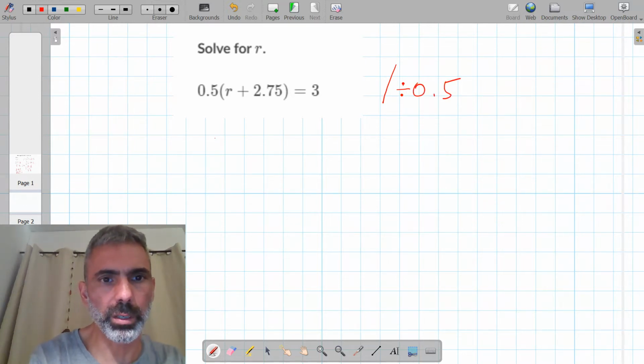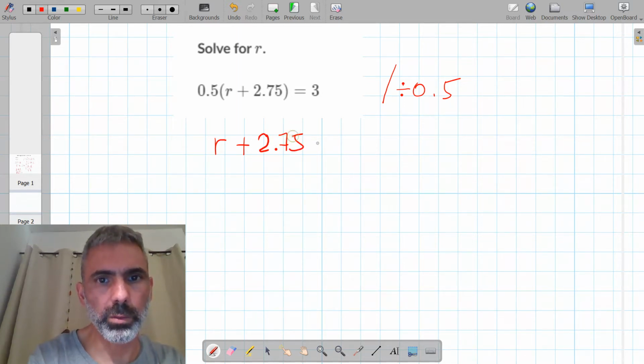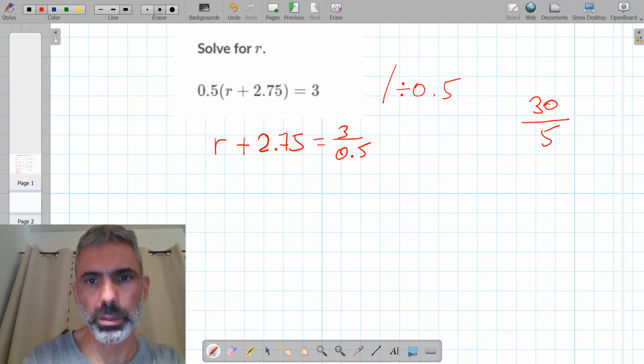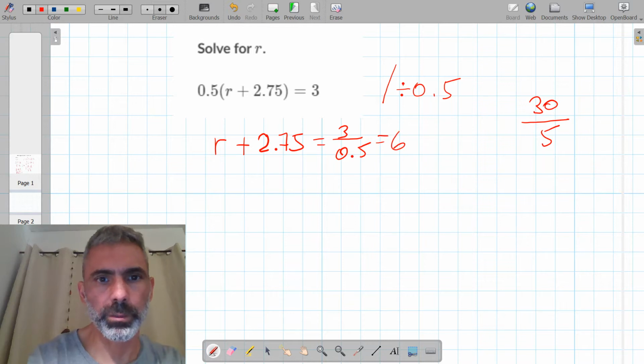So on the left hand side I'm left with r plus 2.75 equals 3 over 0.5, and 3 divided by 0.5 is the same thing as 30 divided by 5, because I've multiplied the numerator and the denominator by 10. So 30 divided by 5 is 6.